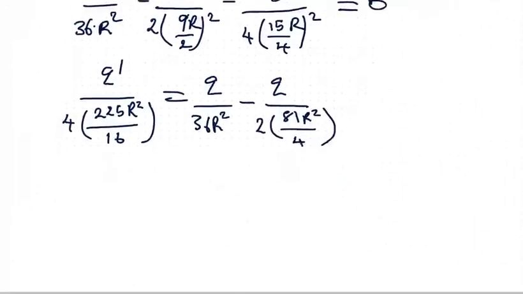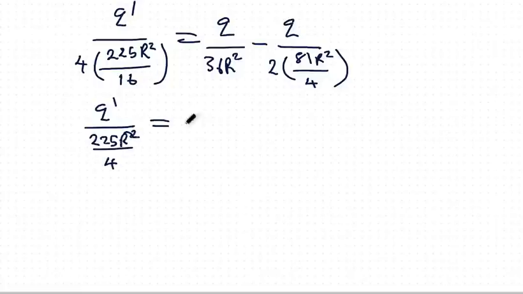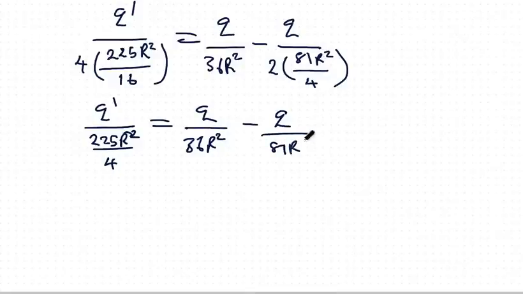Simplifying further, q prime divided by 225 r squared divided by 4 is equal to q divided by 36 r squared minus q divided by 81 r squared, minus 2.